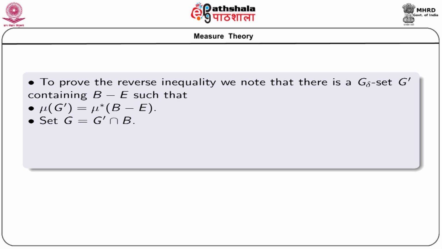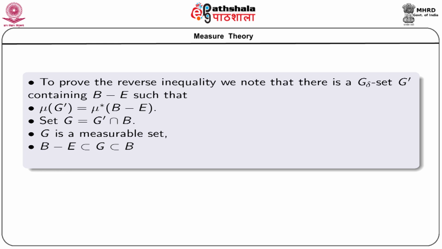Now, set G as G dash intersection B. Obviously, G is a measurable set, because B is already assumed to be a measurable set, and G dash being a G delta set is also measurable, and intersection of two measurable sets is again measurable.